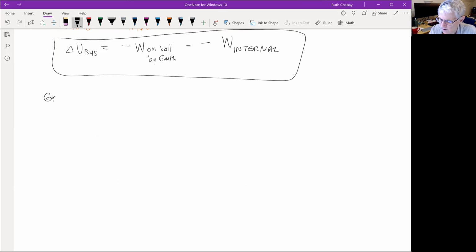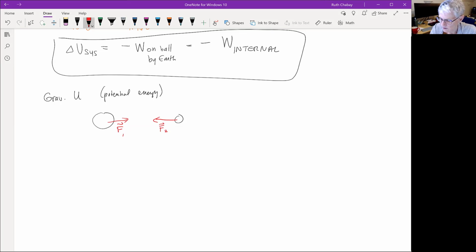So we have two objects that are attracting each other gravitationally with equal and opposite forces.